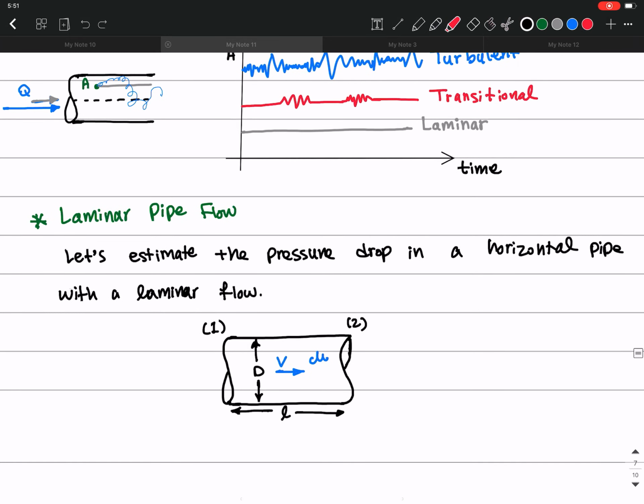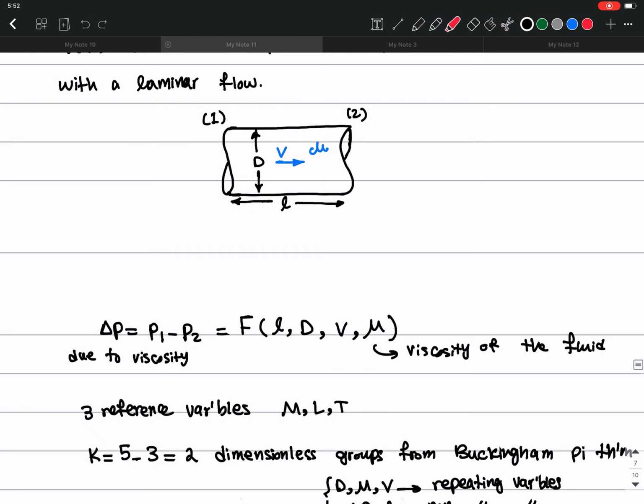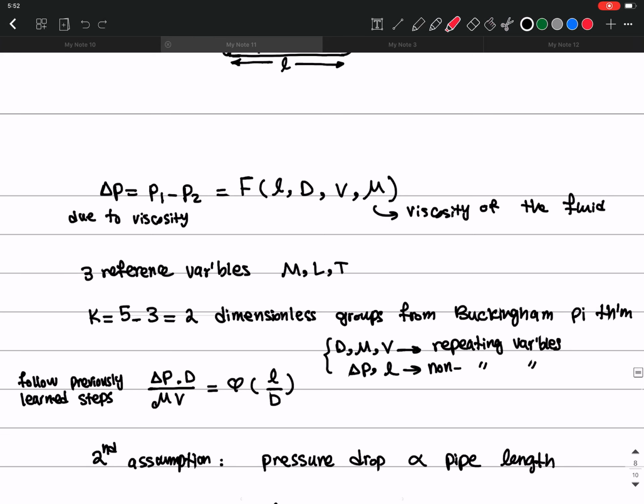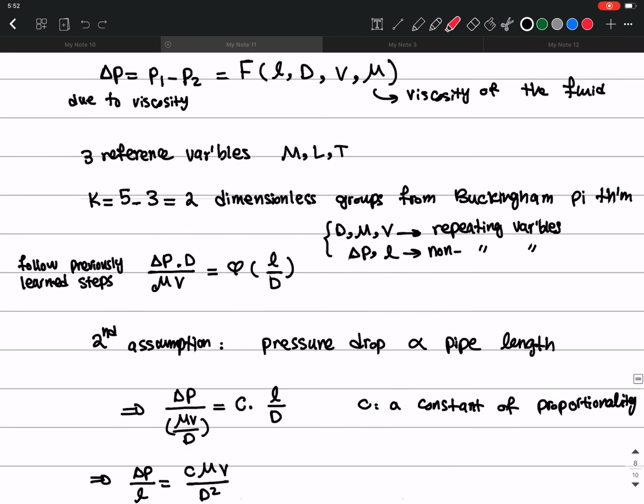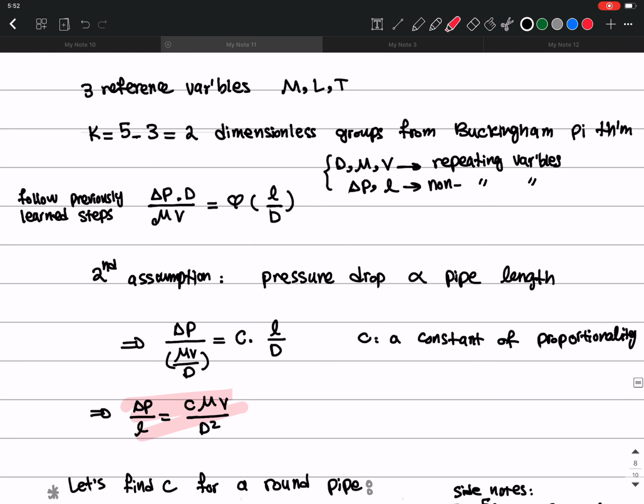And then we estimated the pressure drop in a horizontal pipe flow with a laminar flow. We did that first by using the Buckingham-Pi theorem, and we got this formula.